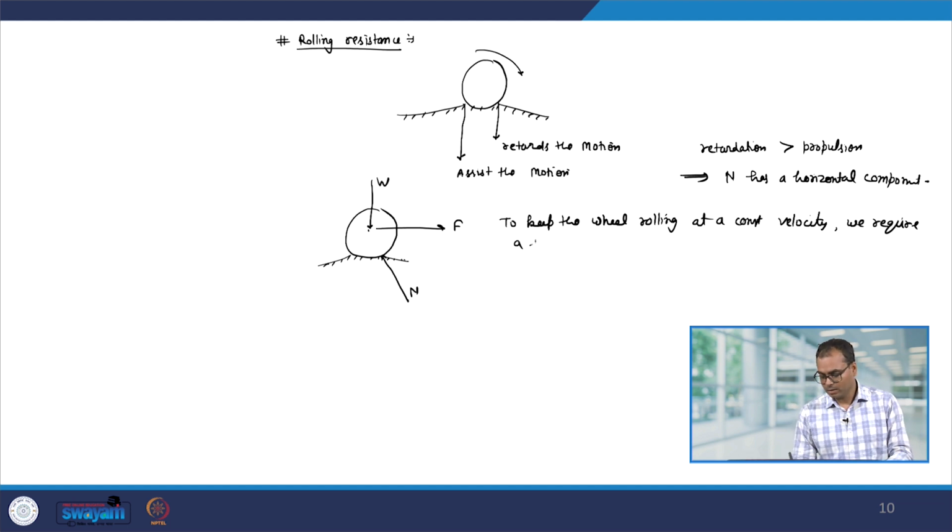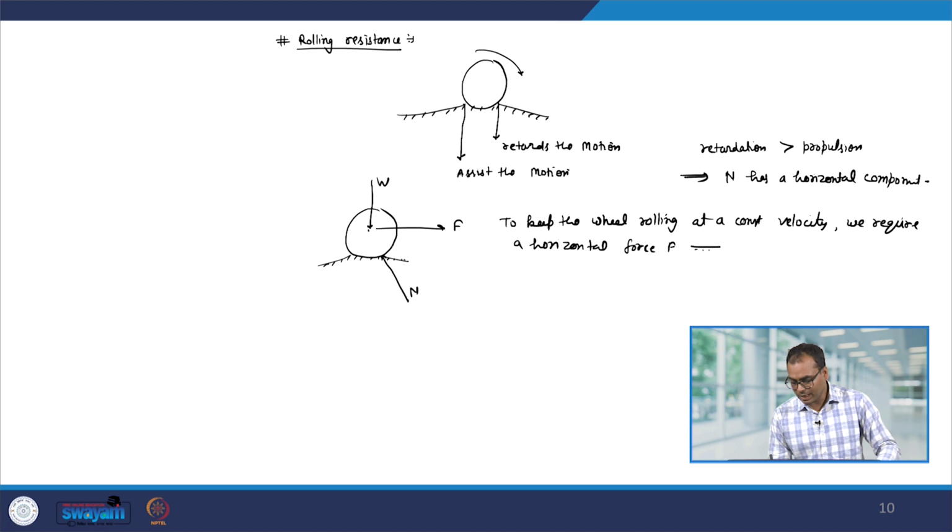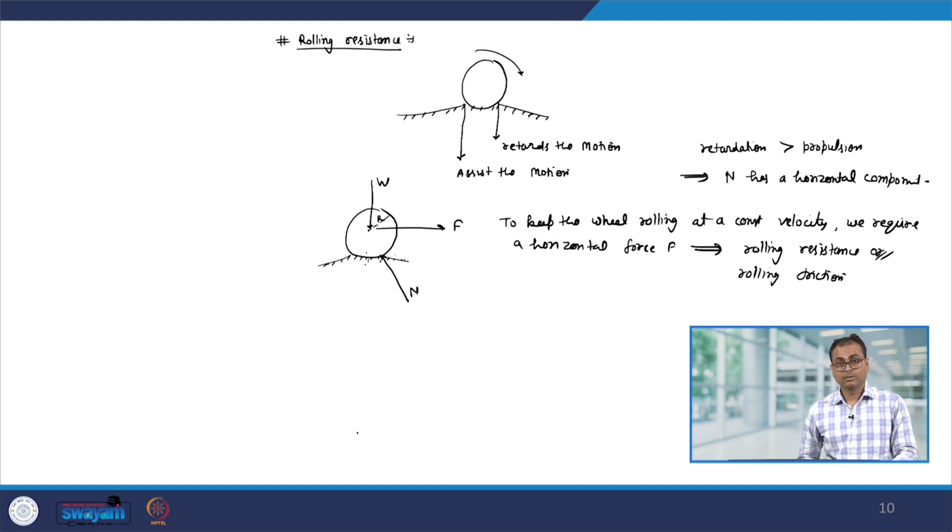we require a horizontal force F, and this force F is called the rolling resistance or the rolling friction. Okay. Now, let us say A is the point of application of this force N, and small a represents the horizontal distance between point A and the vertical line of center of the wheel.